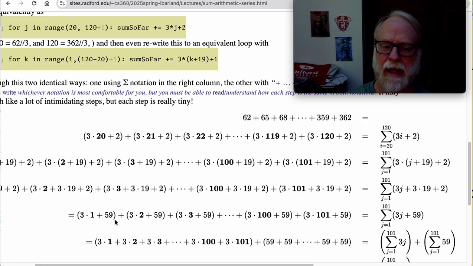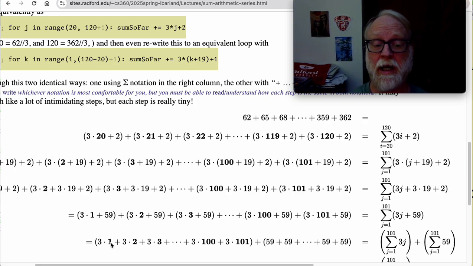So if I want to add up all these numbers, I don't need to add up the 59 right away at the beginning. I can add up all the 59s at the end. I can do all the 3 times somethings first. So I'd say it's going to be 3 times 1, and the 3 times 2, and the 3 times 3, all the way to 3 times 100. And then the plus 59, plus 59, plus 59, I'll put them all at the end.